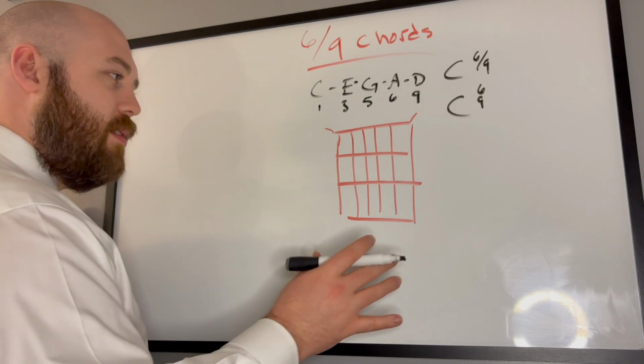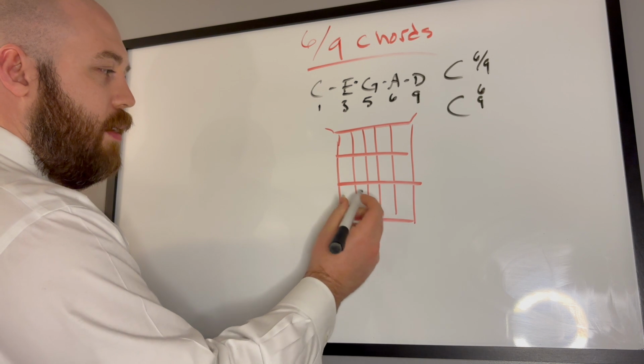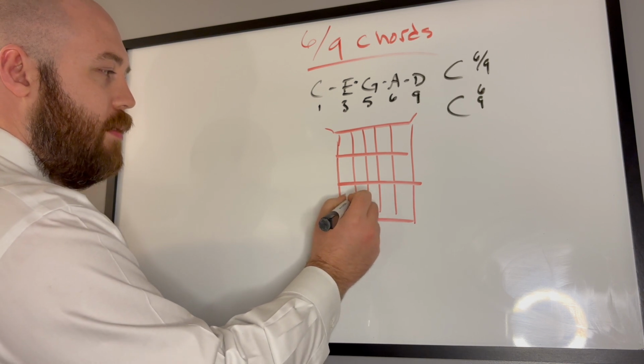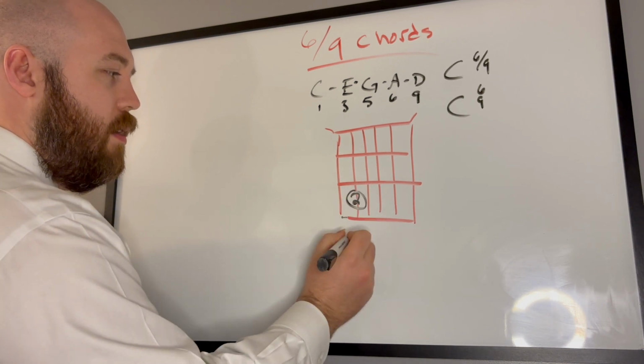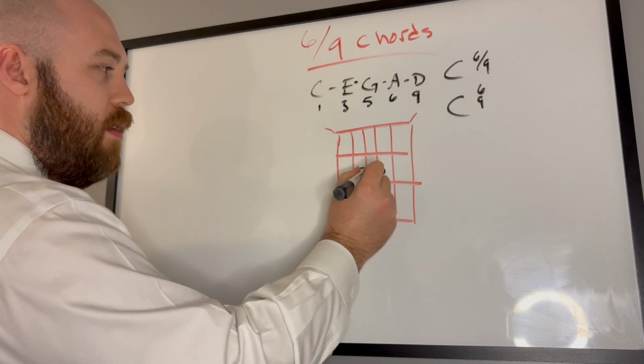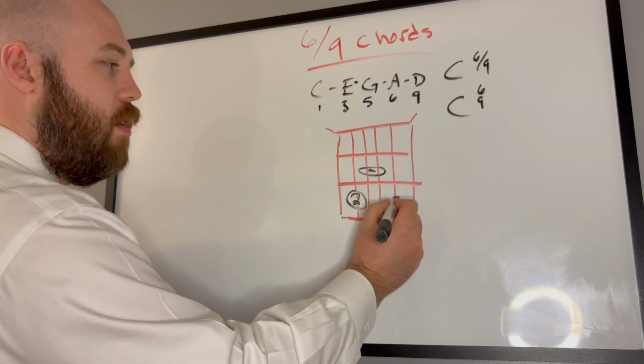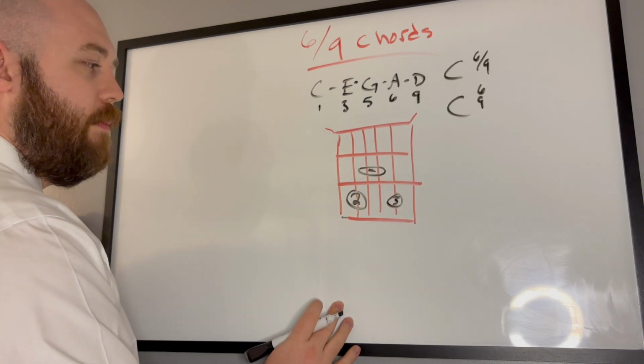So the easiest and most straightforward way to do this is like this. It's going to be second finger here. Your first finger is going to bar these two, and your ring finger is going to be right here.